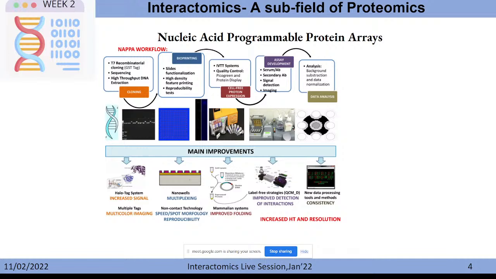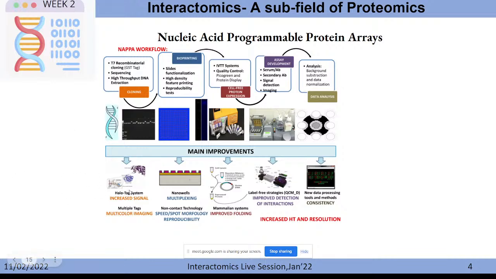So this is the major workflow that has been in place for more than 10 years, in line with this cloning and cell-free expression systems.